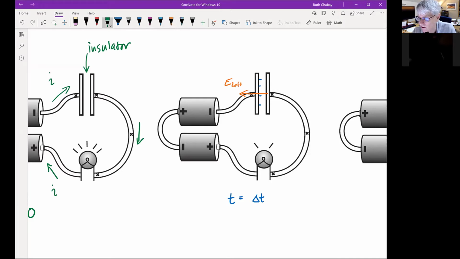And so, in fact, they're going to flow off that plate and into the wire, making this plate accumulate a slight positive charge.